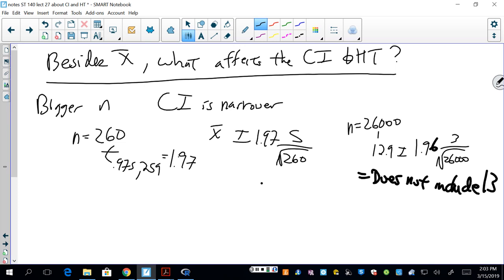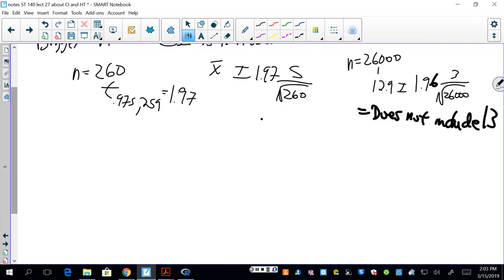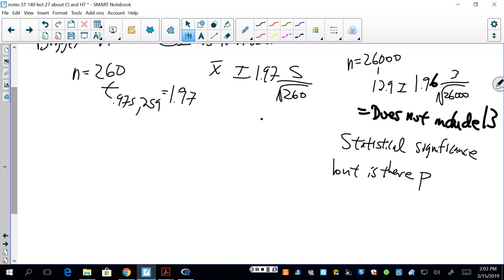So there's a difference between statistical significance, which this type of difference has, and practical, real world, health significance.